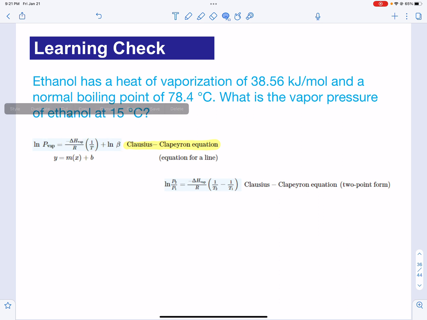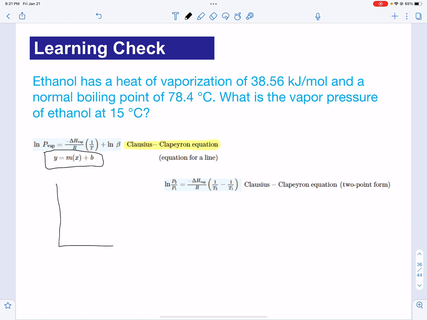If you notice, the first one follows the format of a straight line, where the y-axis is going to be the natural logarithm of the vapor pressure, and the x-axis is going to be the reciprocal of the temperature.